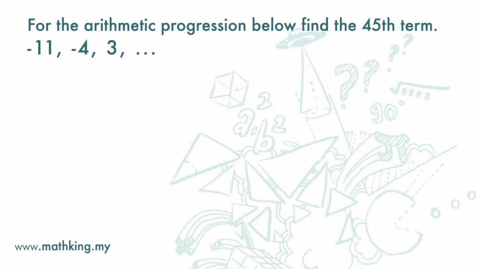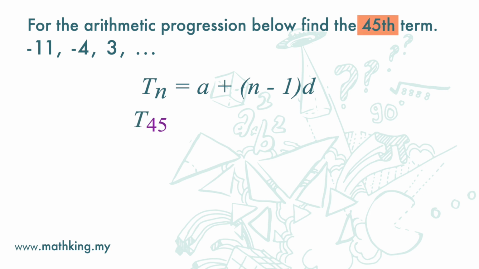Okay, let's do a few questions with this formula. For the arithmetic progression below, find the 45th term. Right, we are told that this is an arithmetic progression. So we write out the formula for arithmetic progression. Tn here is T45. We want to find the 45th term. A is the first term, and the first term is negative 11.